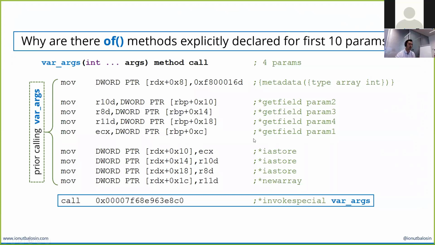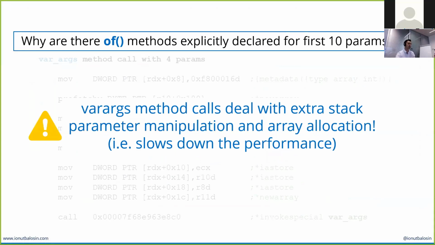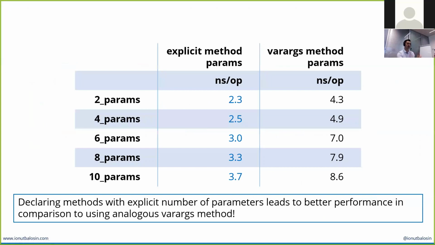An array is allocated, all of these parameters are referred to by that array, and then the method containing the varargs parameter is called. So this is why you pay an extra cost if you have varargs methods versus methods with a specific number of parameters. And here I did a test just to prove that.